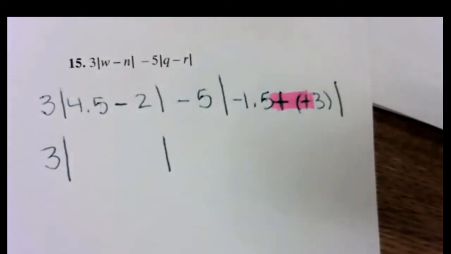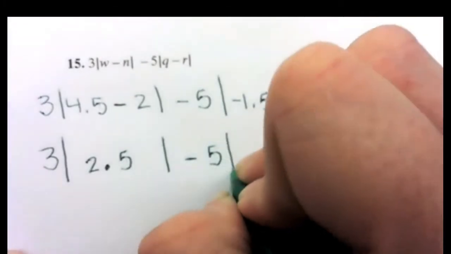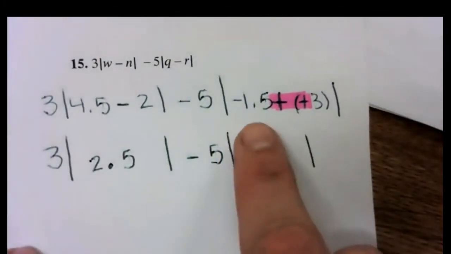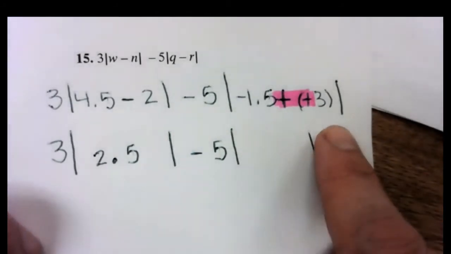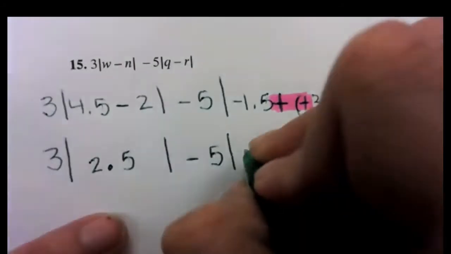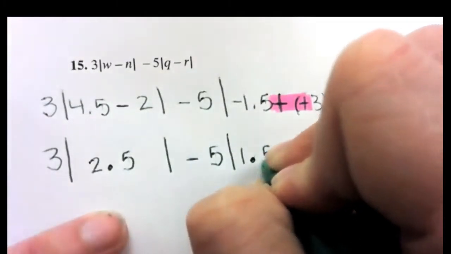What's 4.5 minus 2? Dominique? Awesome. That minus 5 stays outside. What's negative 1.5 plus 3 now? Dominique, what'd you get? Awesome. Me too.